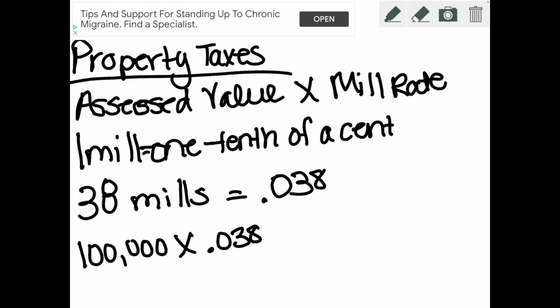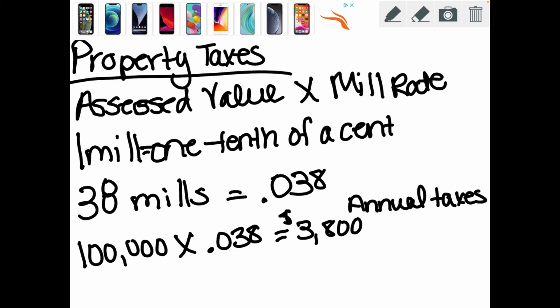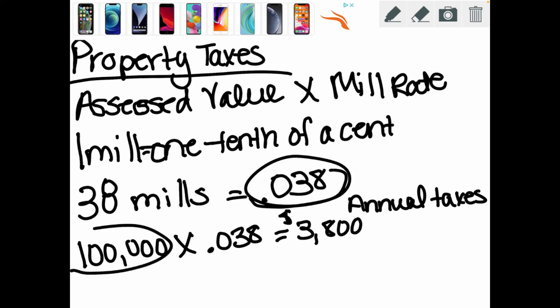If I take 100,000 times 0.038, I'm going to get 3,800. So this is my annual property taxes for a property that is at 38 mills in the assessed value of 100,000.